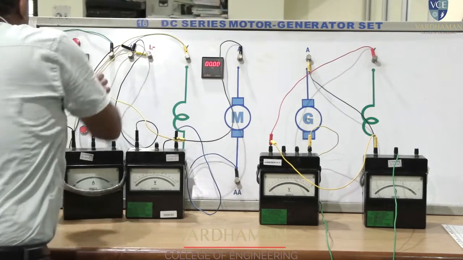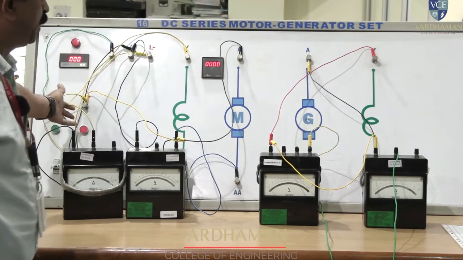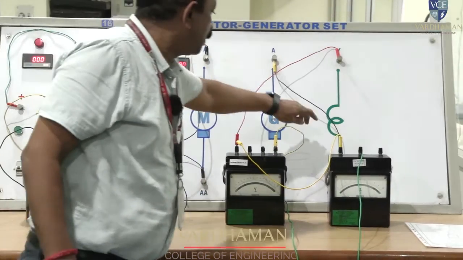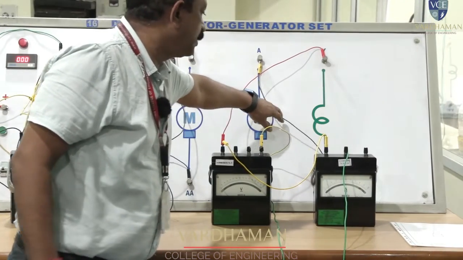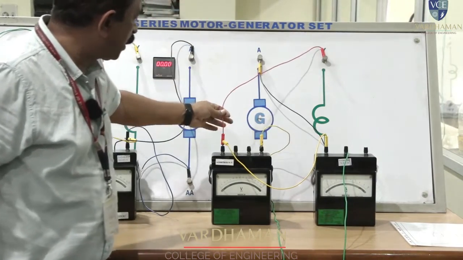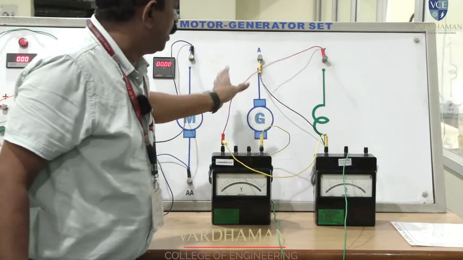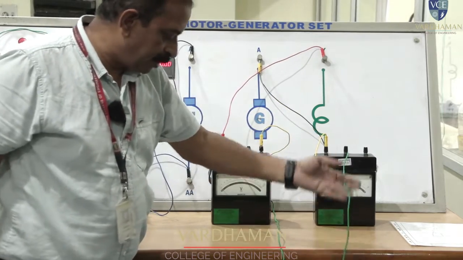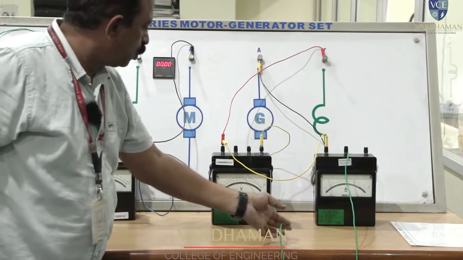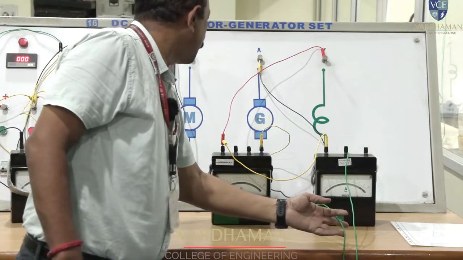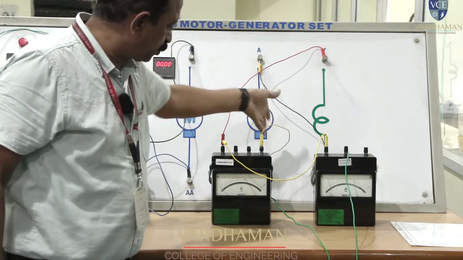The starter negative is taken to the negative of the power supply. In the generator terminals, the series field is in series with the armature. Y is taken to the ammeter and voltmeter commonly, and the next terminal of the ammeter is taken to the load. The load's other terminal is closed here and the voltmeter is also closed here.